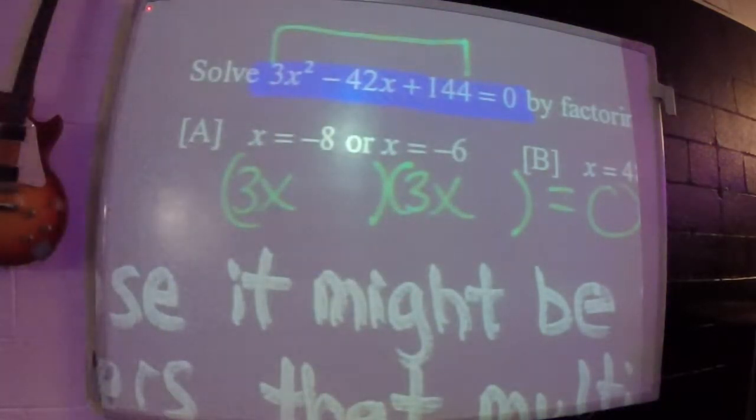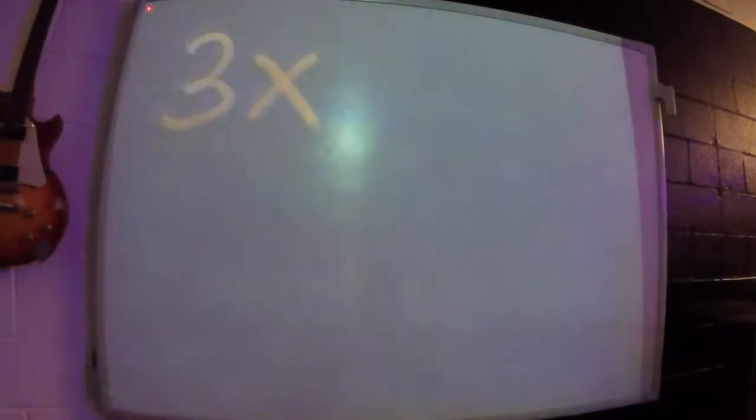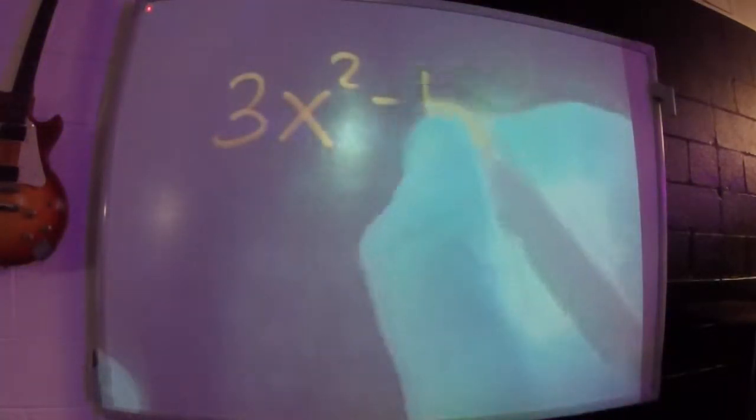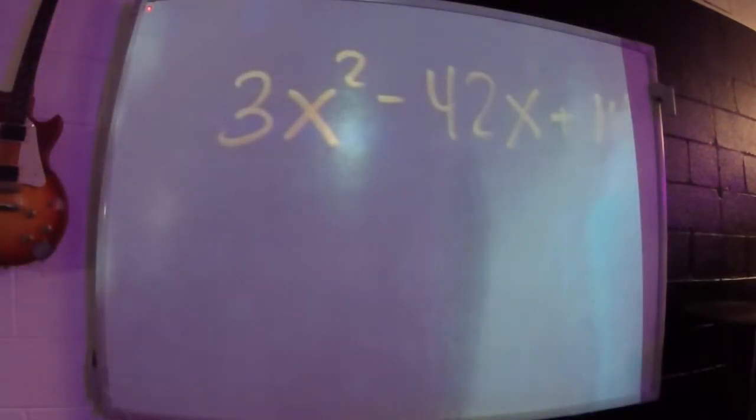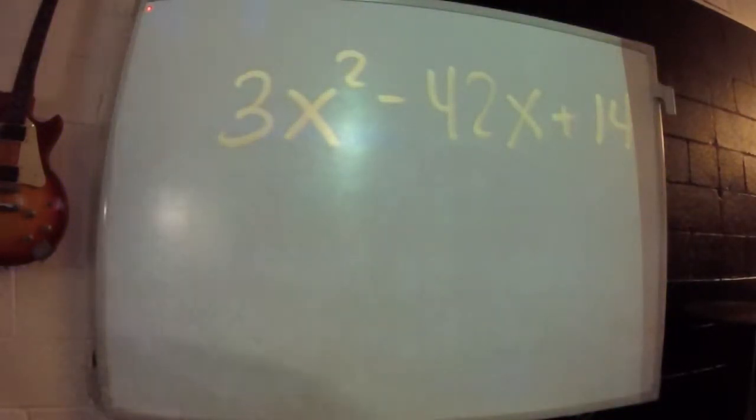Now we're going to get that. And that's what our next notes are going to talk about: something called the quadratic formula. So I'm going to write what we had. We had 3x squared minus 42x plus 144 equals 0.